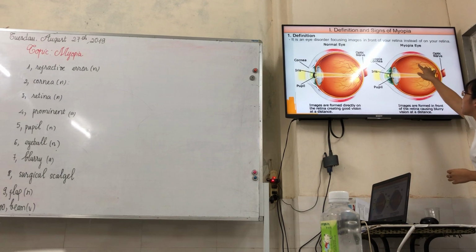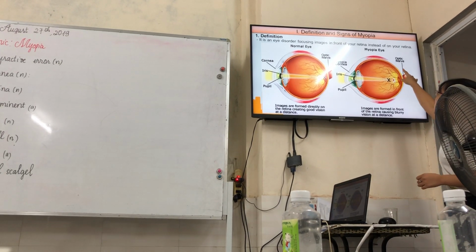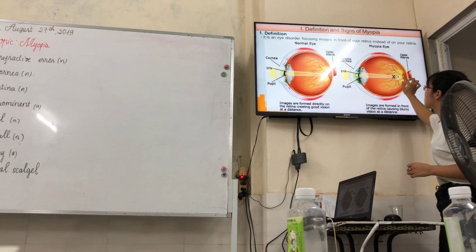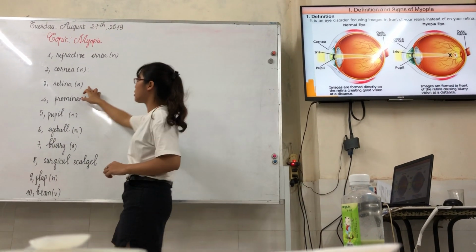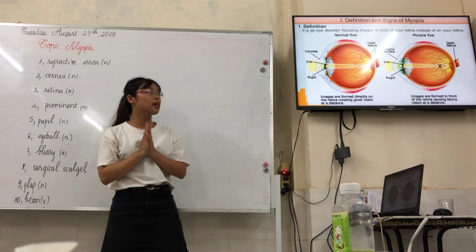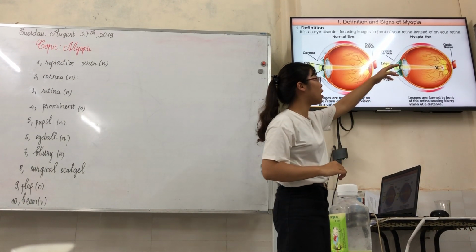But in the myopic eye, the light doesn't land on the retina. The retina is the back of the eye, near the optic nerve.